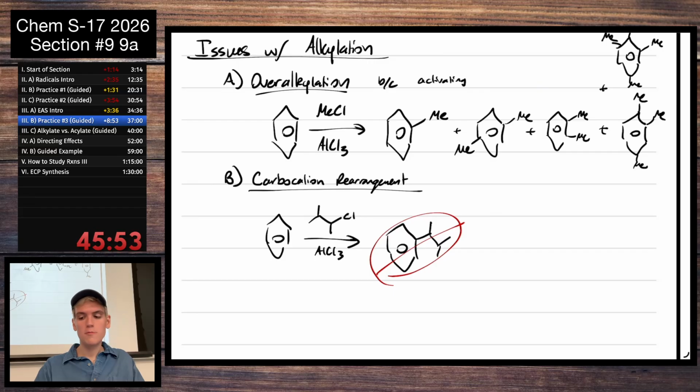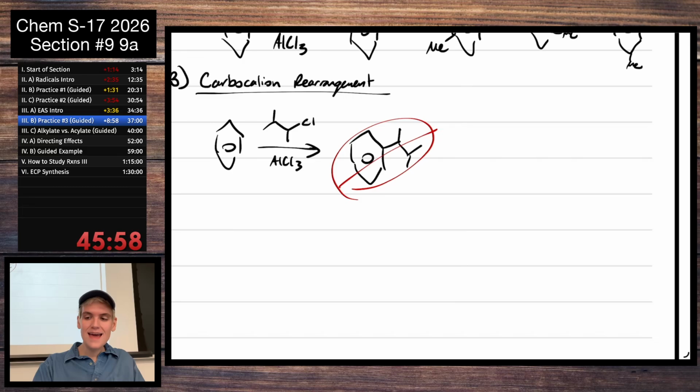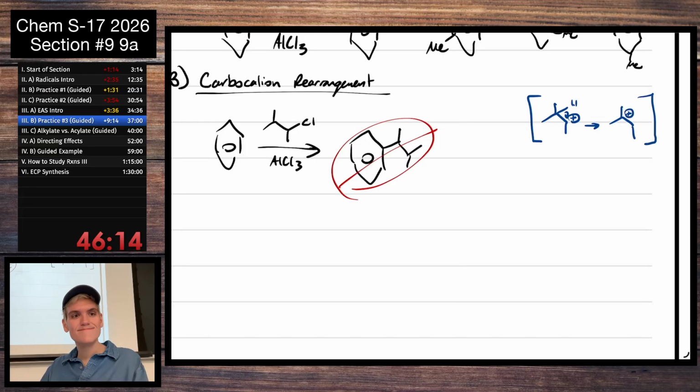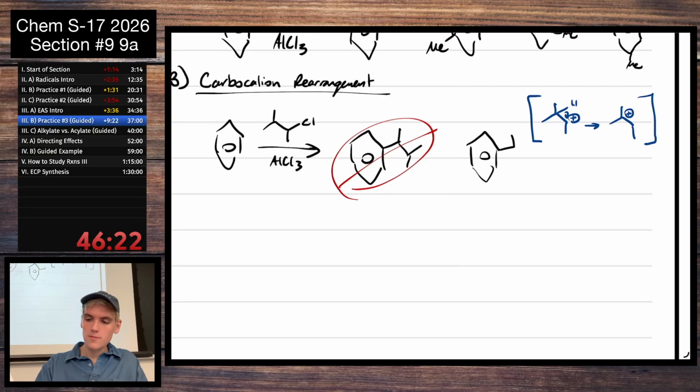This is the product where we are just literally plugging in the benzene where the chlorine was. Instead, what's going to happen is when we make our carbocation, it is going to have a little rearrangement. That is going to make it so our reactive carbocation with the benzene looks like this. So the product that we are going to get instead is actually this girl where we have 2 methyls attached at the carbon site, and then we have this ethyl on it. So this has a rearrangement.